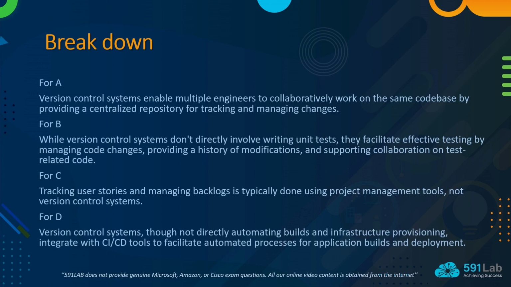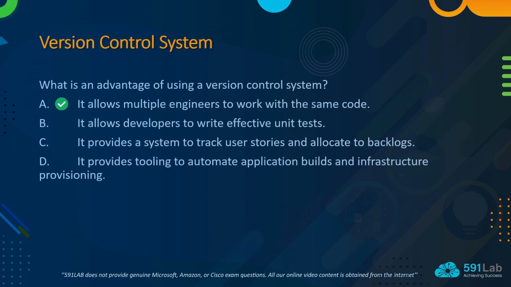The version control system plays a crucial role in providing a reliable source of code for these automated processes. In summary, option A is correct as version control systems indeed enable multiple engineers to work with the same code efficiently. The other options are less directly related to version control systems or involve the use of additional tools for specific purposes.